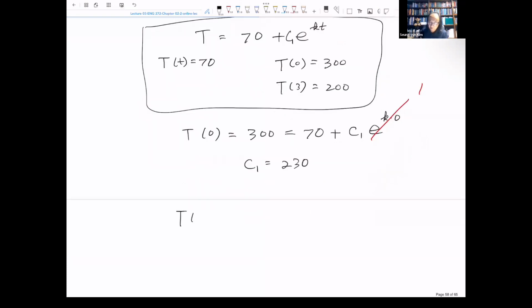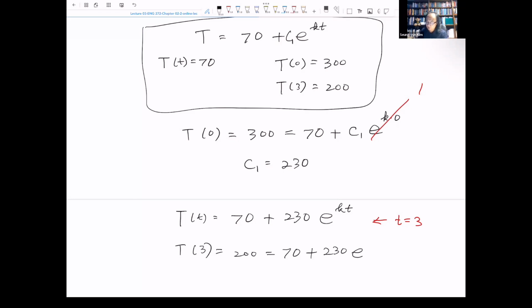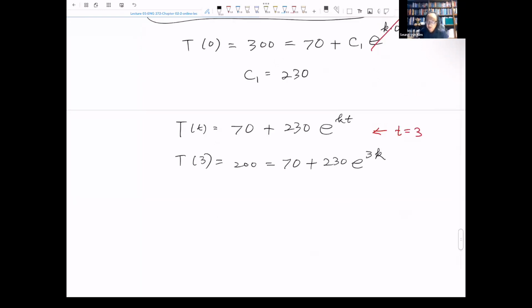So our new equation is now 70 plus 230 e to the kt. Now using the second condition T of 3, we can find the value of k. T of 3 equals 200 equals 70 plus 230 e to the 3k. So 200 minus 70, 130 over 230 equals e to the 3k. ln of 130 over 230 equals 3k.